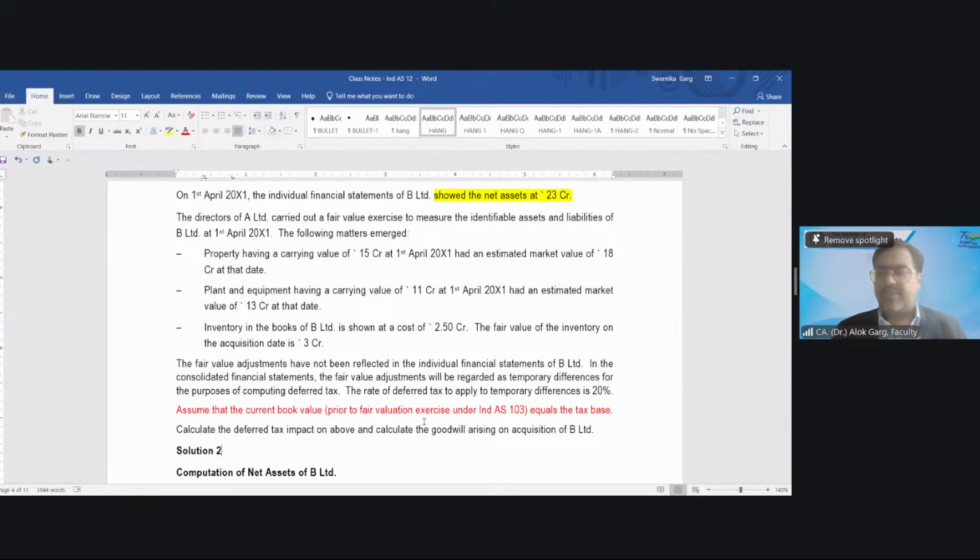Okay, understood. So basically the same value is the carrying amount and the tax base. But after the fair valuation, will things change? Yes, sir, it will change. So what will be the change?